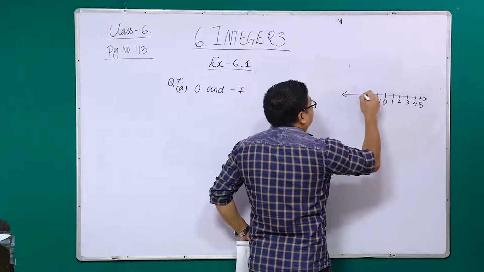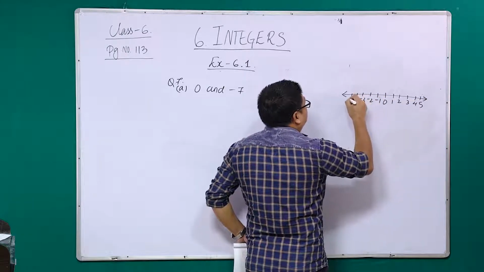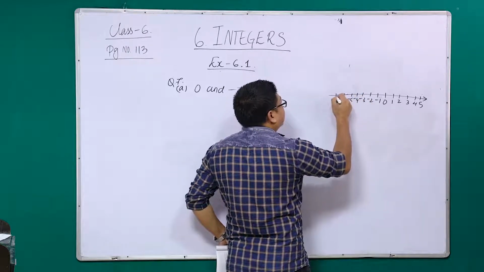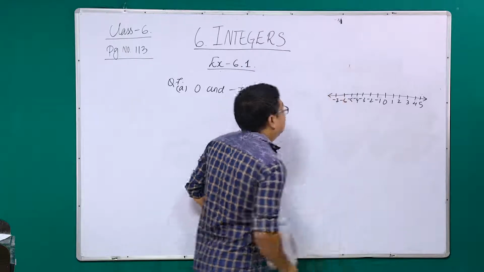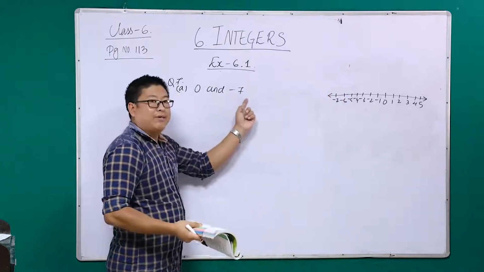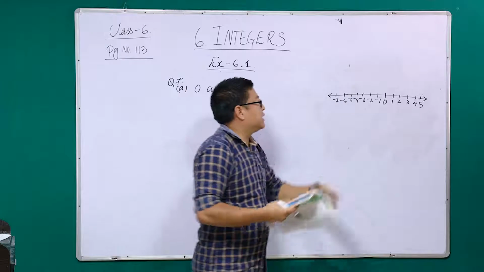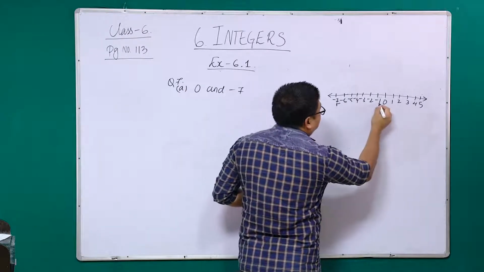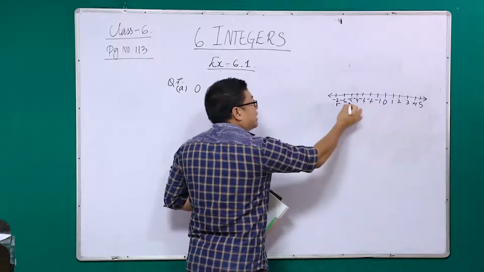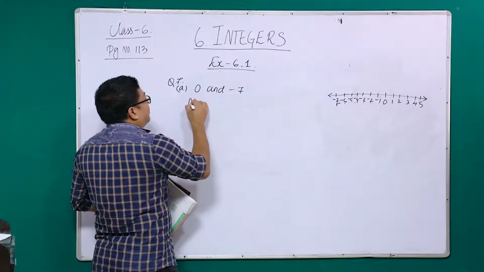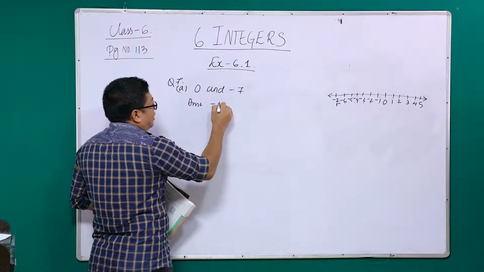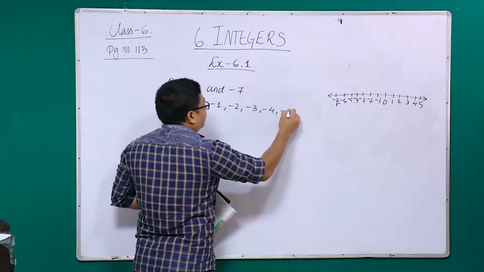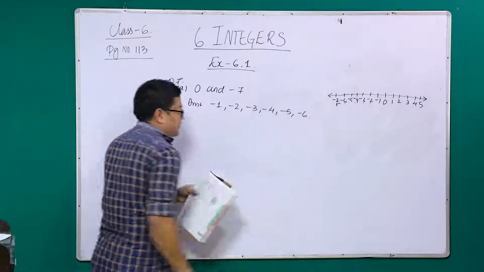Minus 1, minus 2, minus 3, minus 4, minus 5, minus 6, minus 7. Now 0 and minus 7, we have to write the numbers between 0 and minus 7. So from here to here. So the numbers are minus 1, minus 2, minus 3, minus 4, minus 5, minus 6. So your answer is minus 1, minus 2, minus 3, minus 4, minus 5, and minus 6.